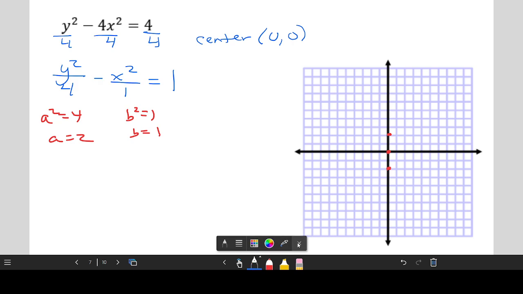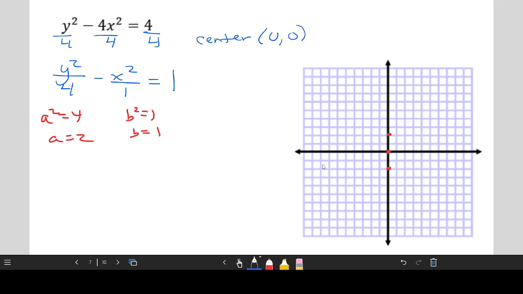So when we draw in our rectangle to help us find our asymptotes, we've got the vertical direction already taken care of, and then horizontally we're going 1 unit out from the center to the left and to the right.